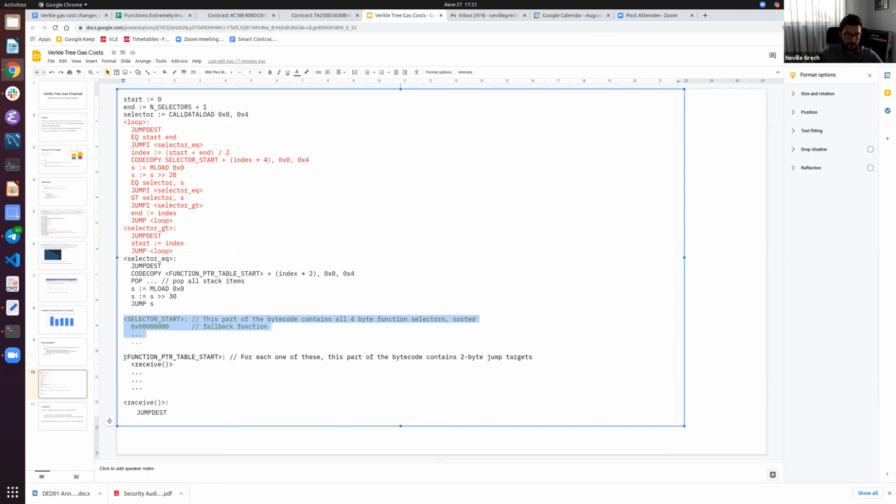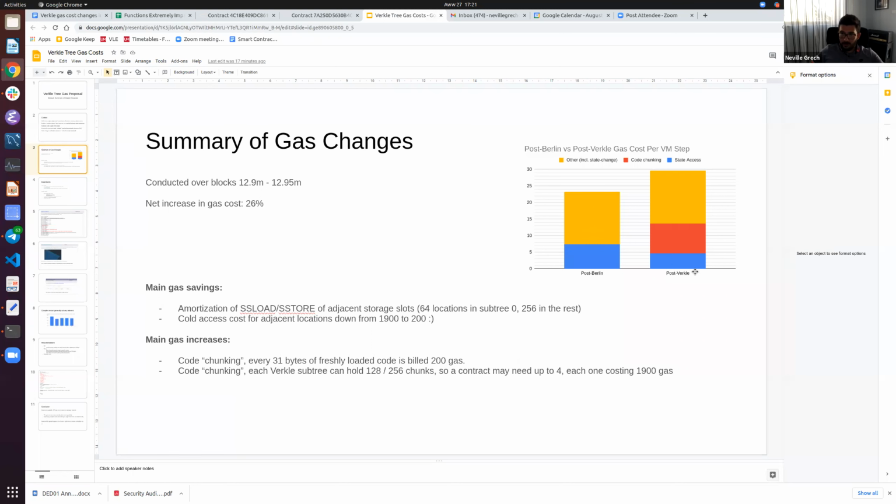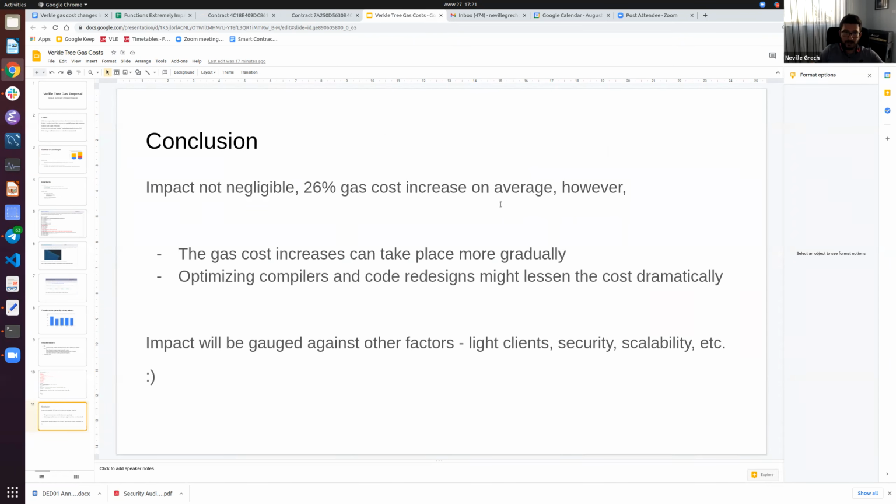And the black stuff only gets executed once, so it just adds a fixed cost. So there are some tricks that compiler developers will come up with to optimize for this new semantics. And this red part, which is the code chunking cost, which is what's adding most of the gas cost, will probably be reduced. So in conclusion, the impact is not negligible.